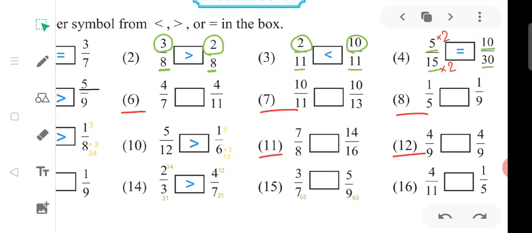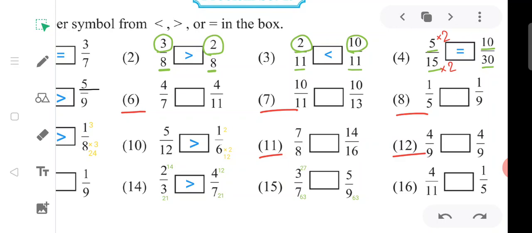How do we get 63 from 7? 7 nines are 63. So if we multiply 7 by 9, we get 63. So we need to multiply 3 by 9. 9 threes are 27.